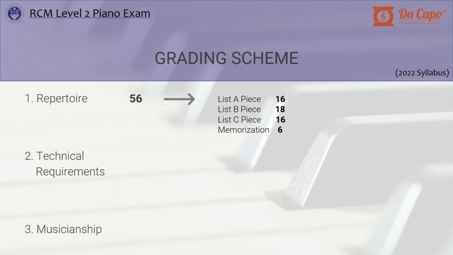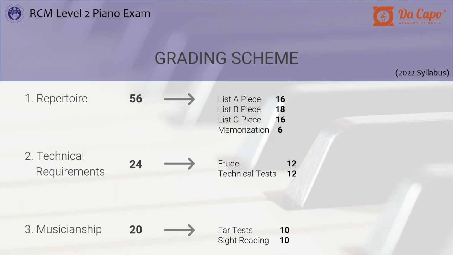For the technical requirements, we have a total of 24 that we can earn, which is broken down into 12 for the etude and 12 for the technical tests. And for the musicianship, we have a total of 20, 10 for ear tests, and 10 for sight reading, which again brings us to a total of 100, and the passing grade is 60.